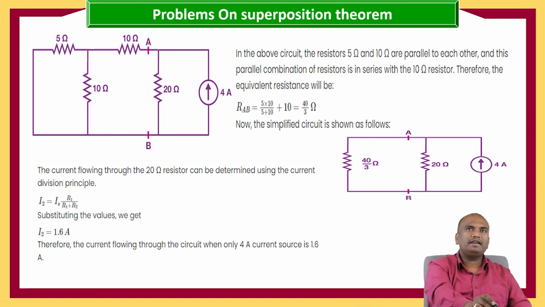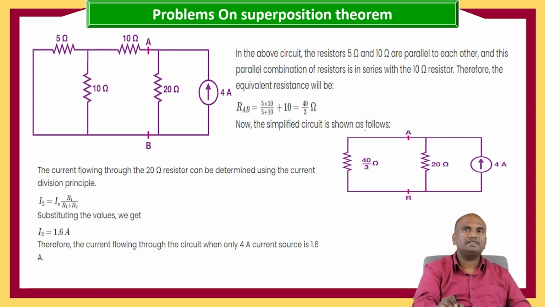For calculating the equivalent resistance between A and B terminals, this 5 ohms and 10 ohms are connected in parallel, which is in series with 10 ohms. So RAB equals 10 plus 5 into 10 by 5 plus 10, which equals 40 by 3 ohms.